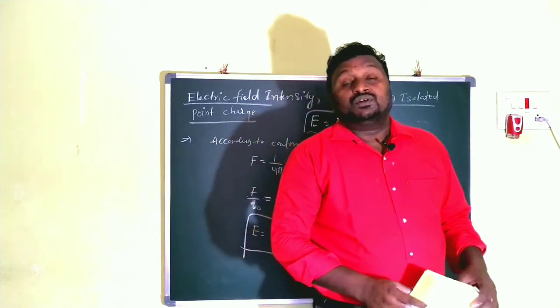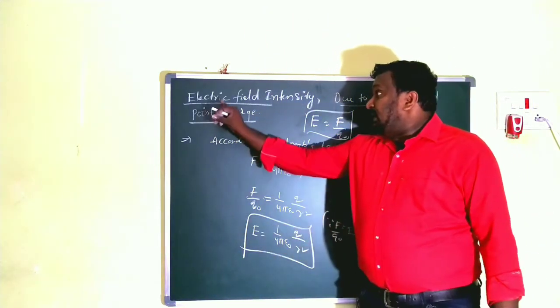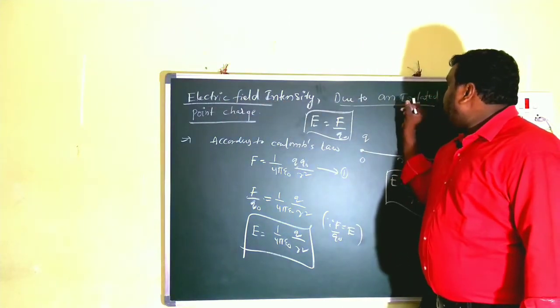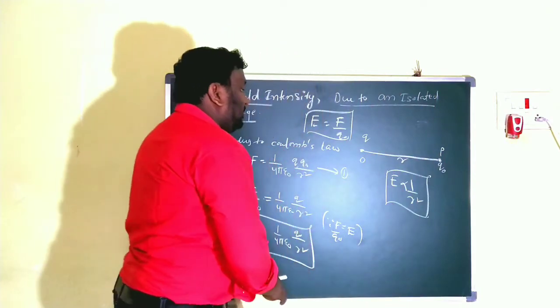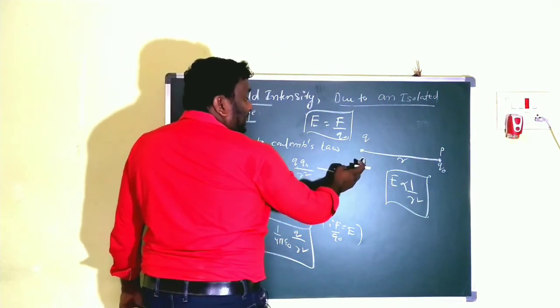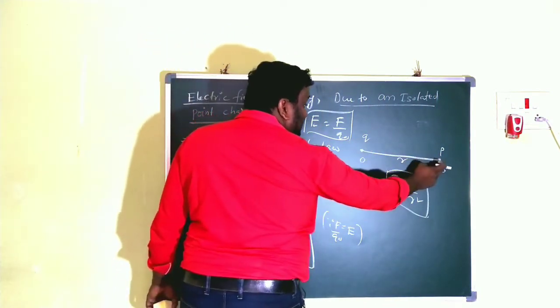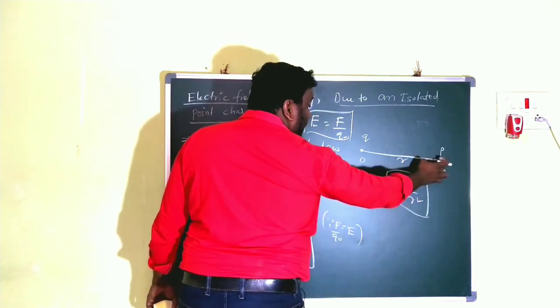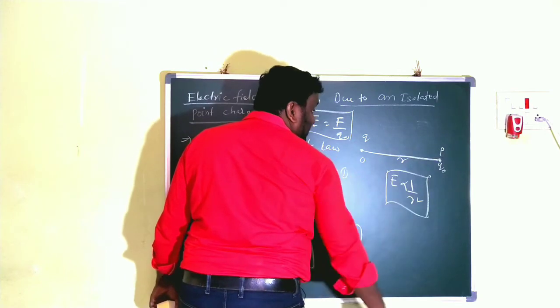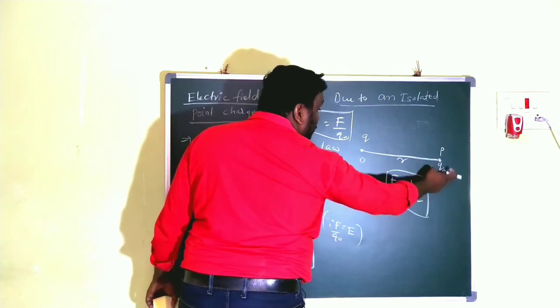Clear now? Simply look here, electric field intensity due to a point isolated charge. So here this is the charge Q. In the field of Q we select one point, P, at a distance of R. Now at this point we have to check the electric field intensity. Then we have to keep some charge Q naught.